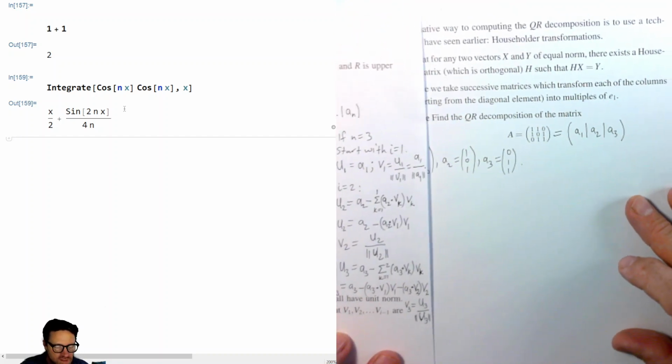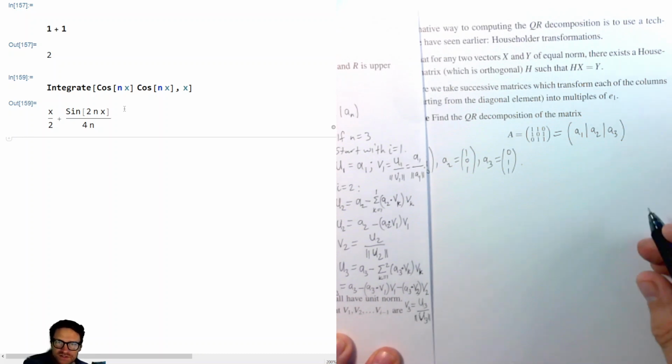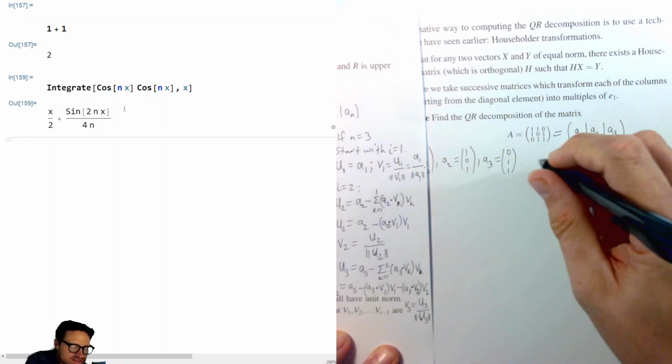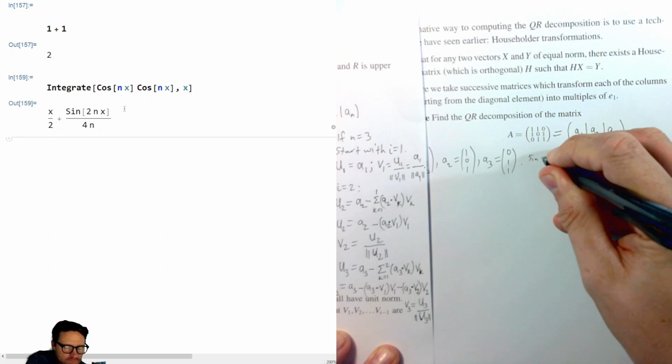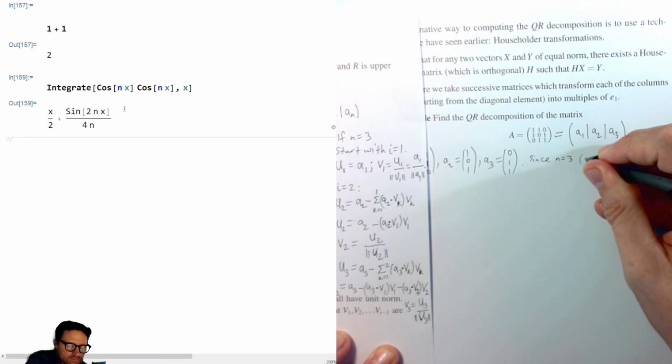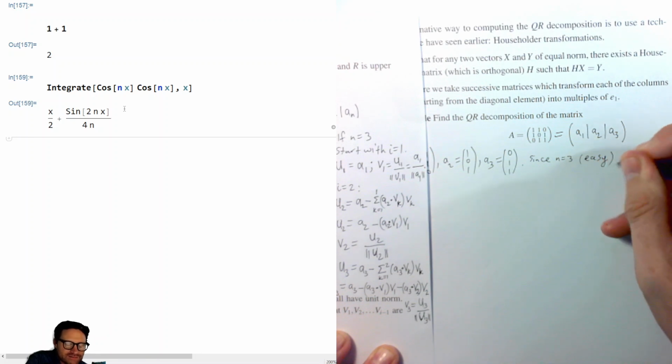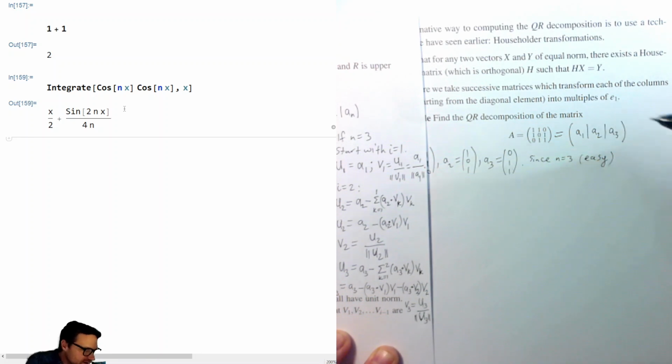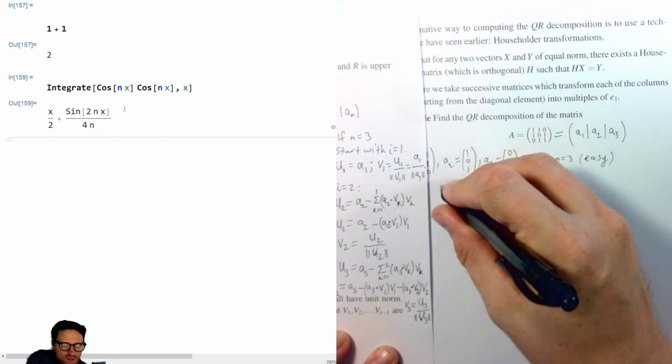What we are going to do first, since n is 3, is start with i equals 1.